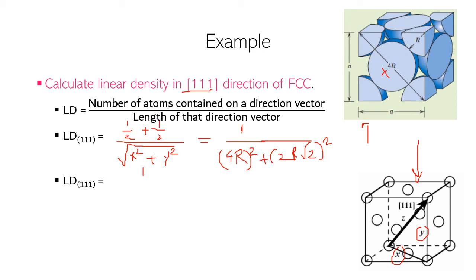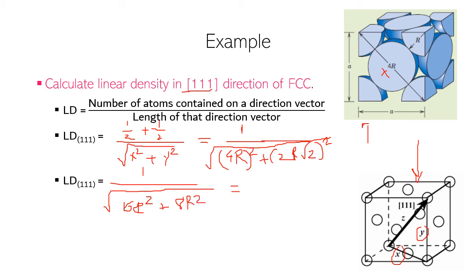So this becomes 1 upon the square root of, the square of 4r is 16r squared, plus the square of 2 is 4 and the square of root 2 is 2, 4 into 2 is 8, so 8r squared.